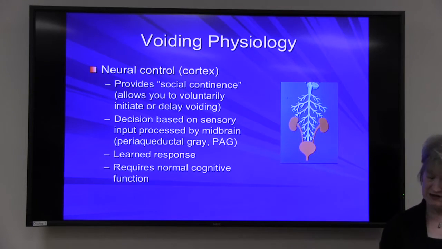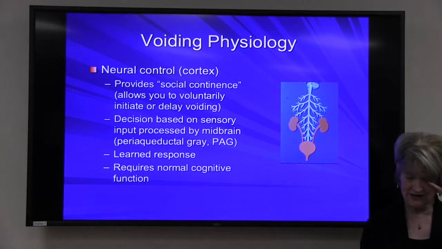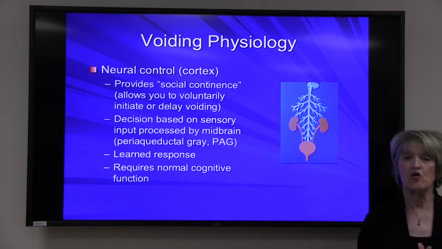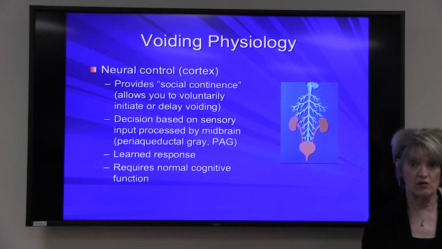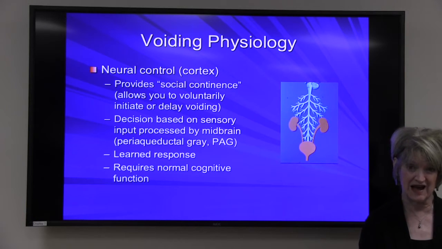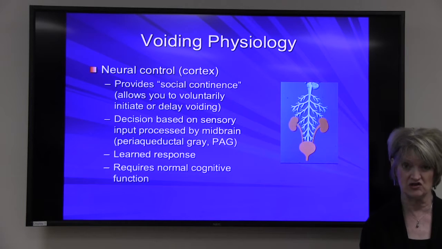So let's start first with the cortex. The cortex is the CEO. The cortex provides you with social continence. And when I say social continence, I mean the ability to decide when and where you void. If you have normal control, you can initiate voiding even when you have very little urine in your bladder and no sense of urgency.